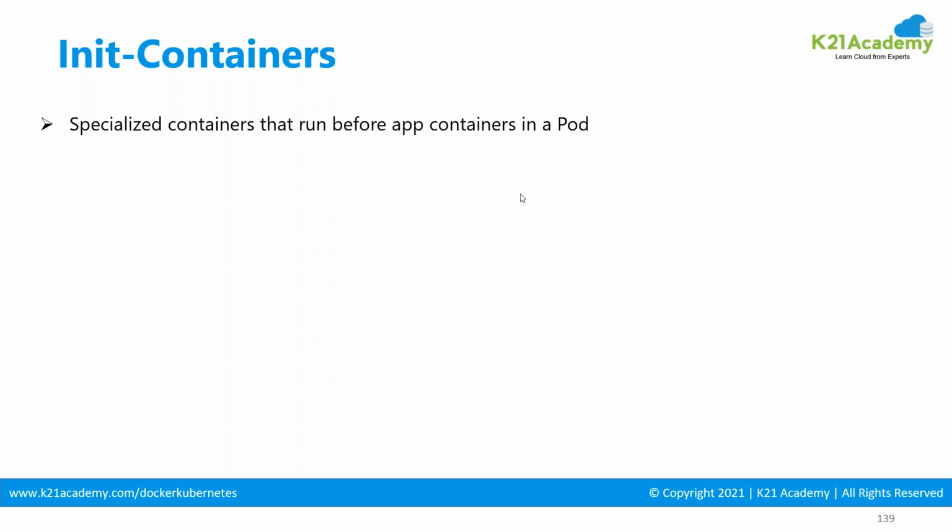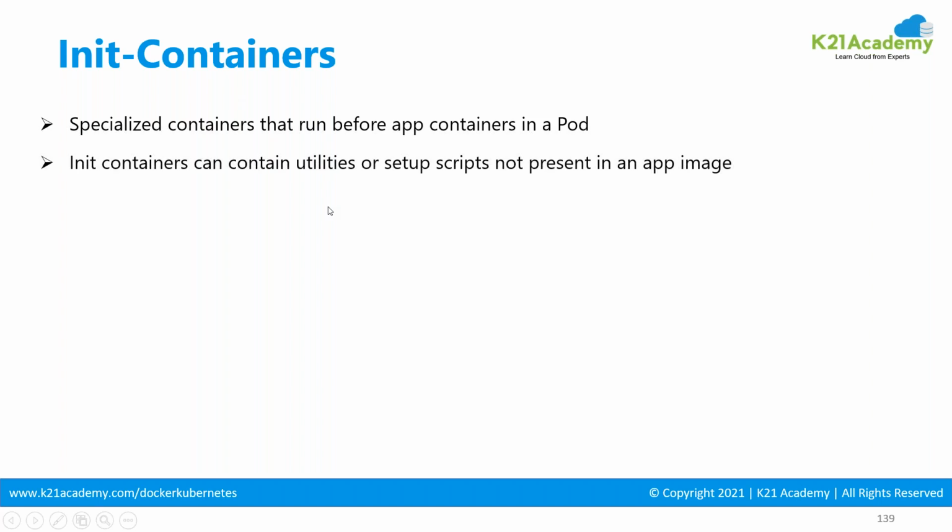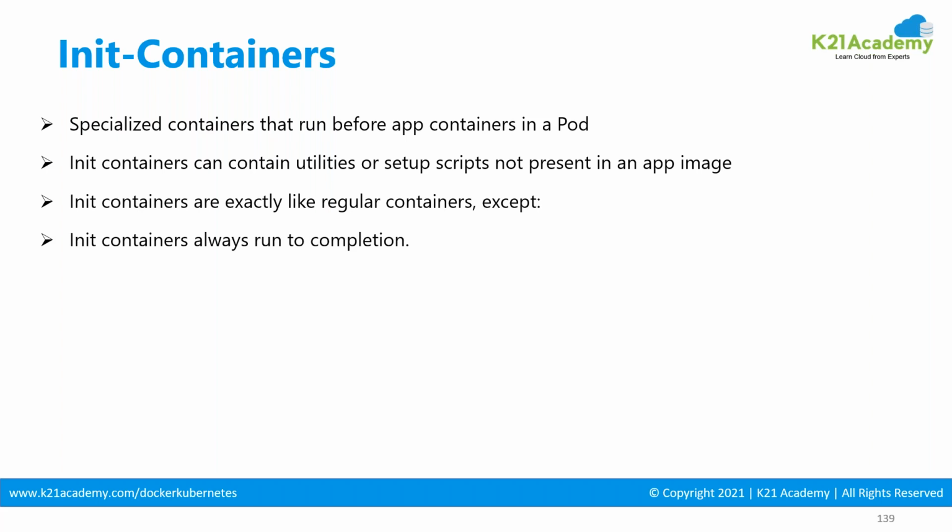So the init container is something like that. It is a specialized container that runs before app containers in a pod. Init containers can contain utilities or setup scripts not present in an app image. As I told you, if you want to run some utilities before your main container comes up, you can use an init container for that. They are exactly like regular containers, except they always run to completion. They are not kept running.